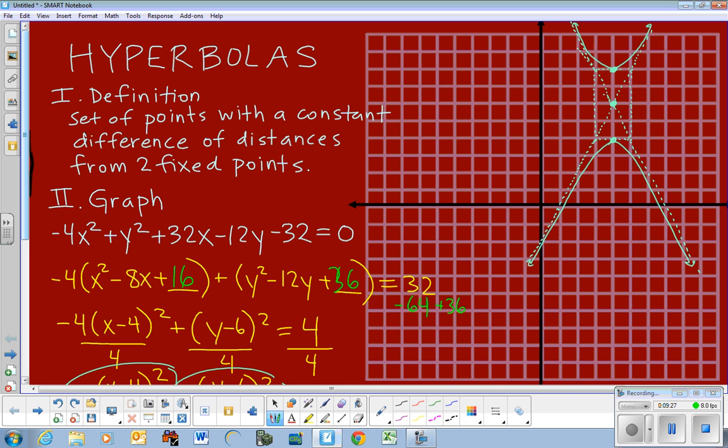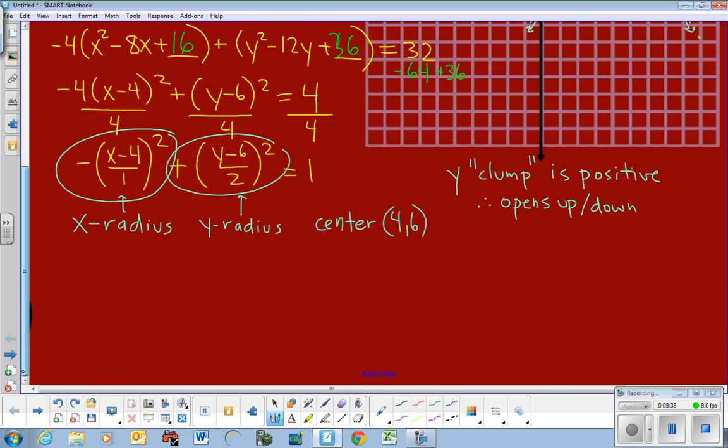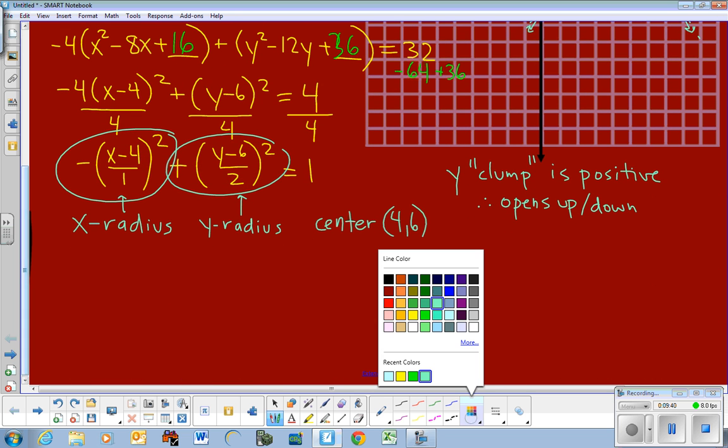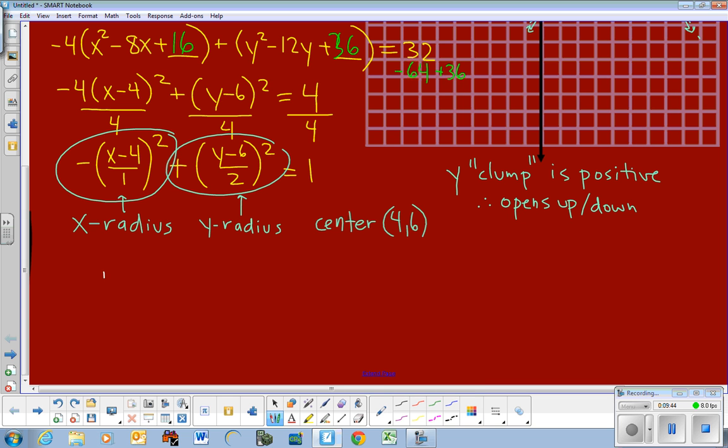All right, so every point on that graph that I just drew, if you took its distance from two focal points and subtracted, you would get the same amount. So where are those focal points? Next question. The focal points are found in a similar fashion to the ones we found with the ellipse.